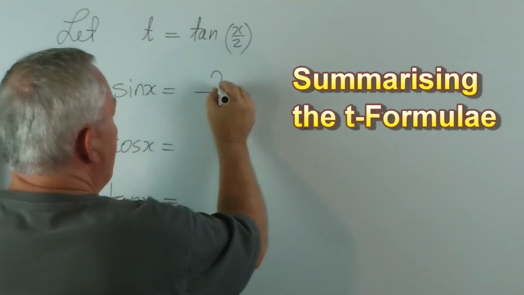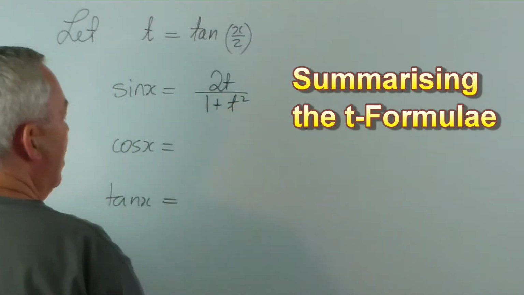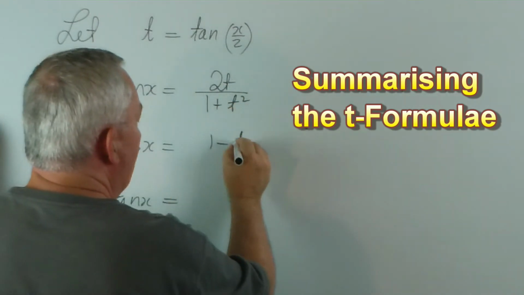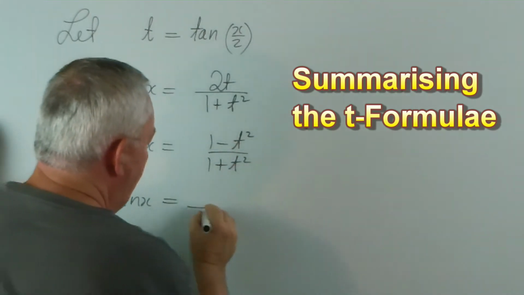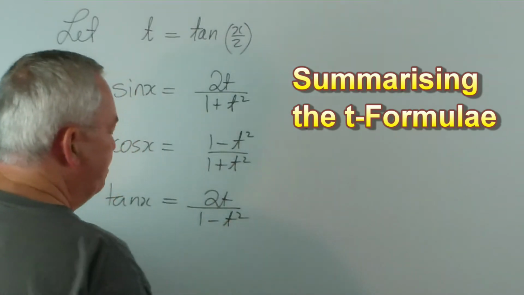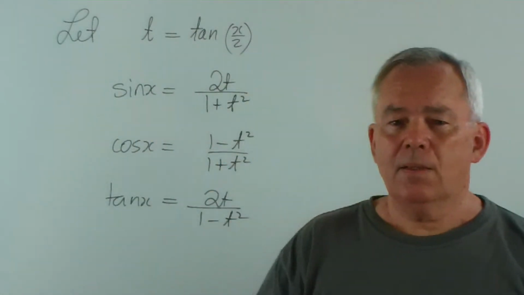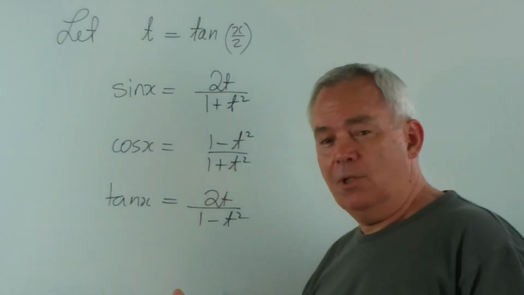Sine x turns out to be 2t on 1 plus t squared. Cos x turns out to be 1 minus t squared on 1 plus t squared. And tan x turns out to be 2t on 1 minus t squared. So that in essence is what you learn.